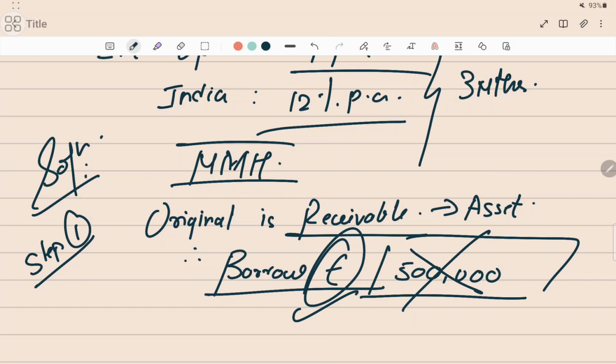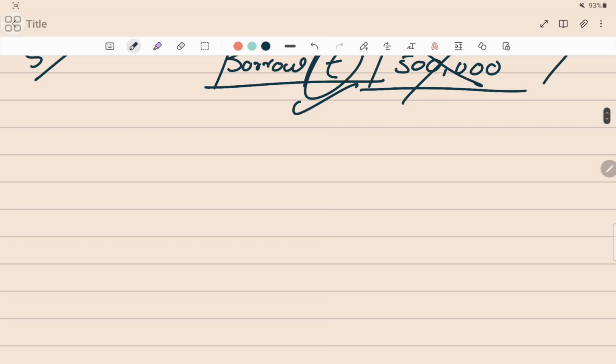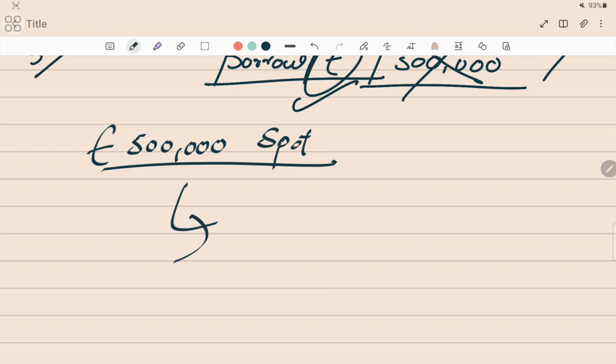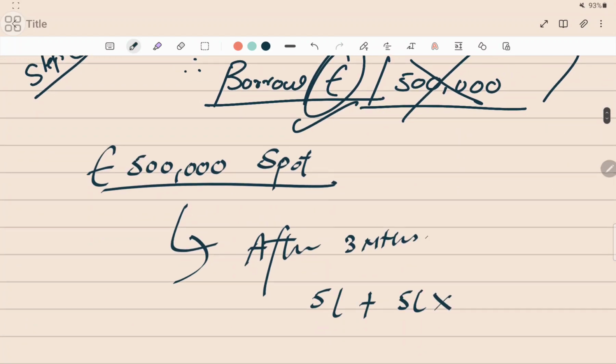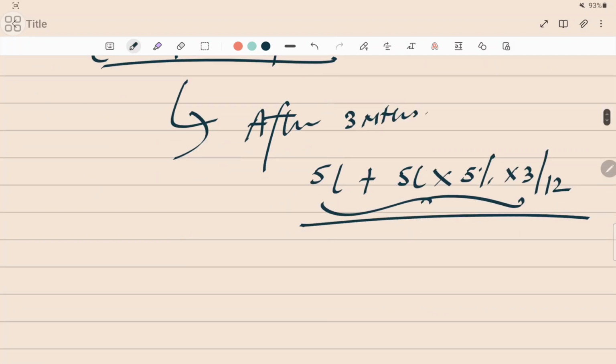See, if I borrow 5 lakh pounds at spot today, then after 3 months I will have to pay something more: 5 lakh plus 5 lakh into 5% into 3 by 12, which I will be paying back to the financial institution from which I've borrowed.